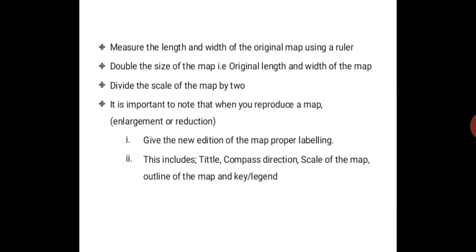Two, this labeling includes title, compass direction, scale of the map, outline of the map, key or legend, just as you know. We are going further to do some practical exercise. Listen and be blessed.